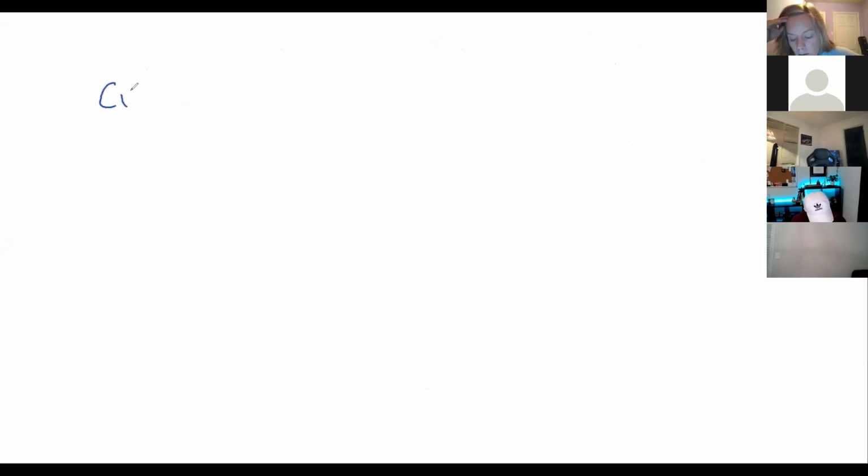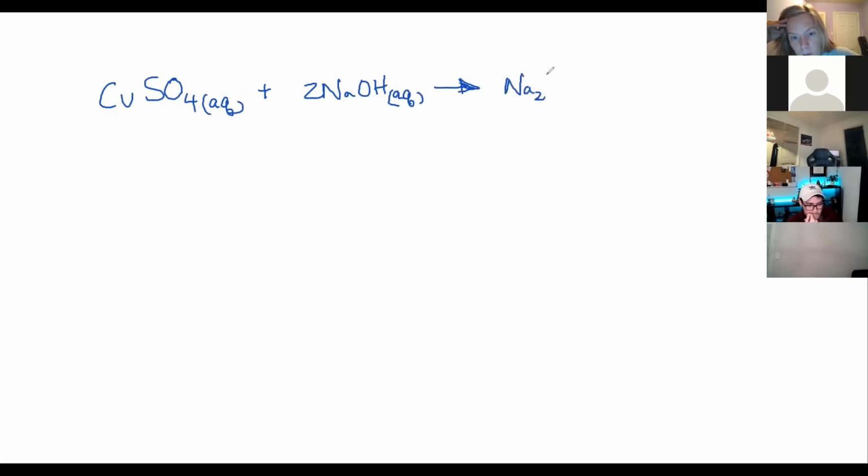Yeah, okay, so CuSO4 aqueous plus 2NaOH aqueous comes together and produces Na2SO4 aqueous and Cu(OH)2 solid.